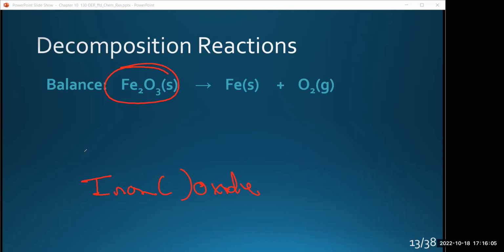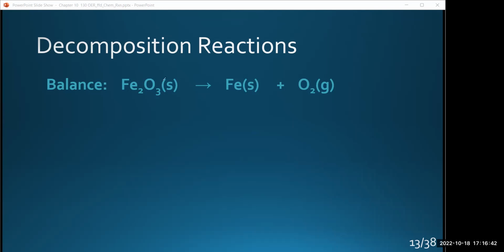So which one do you guys think? Which iron are we using here? Any ideas? Remember that little trick about the subscripts to help you out? All right, well, that is iron 3. Okay. They're asking you here to balance it. Well, let's balance, and it's a decomposition.